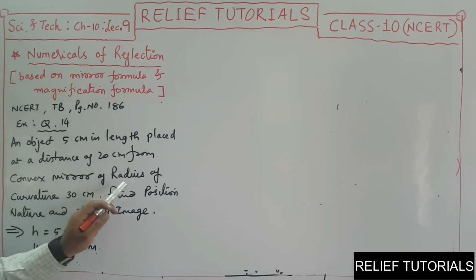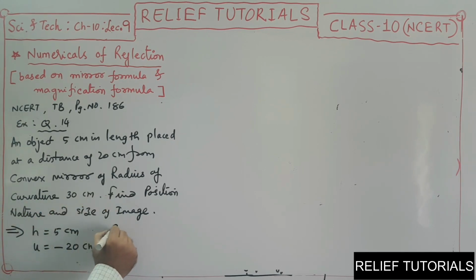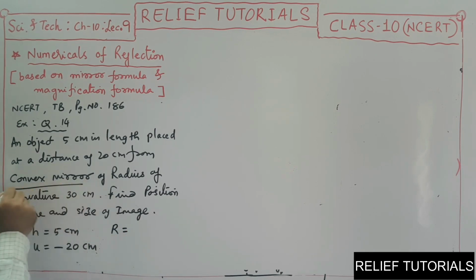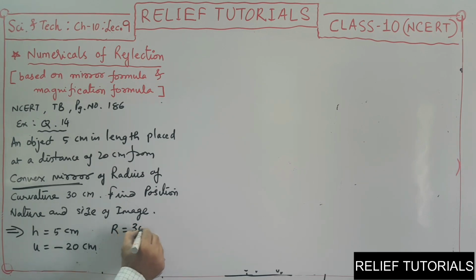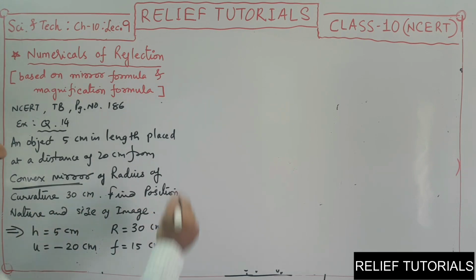The convex mirror has a radius of curvature of 30 cm. In a convex mirror, radius of curvature and focal length are always positive. So R is 30 cm, and f is 15 cm because f is always half of R. Find the position, nature and size, regular questions using the mirror formula.